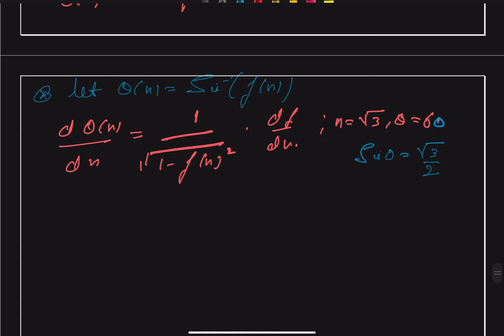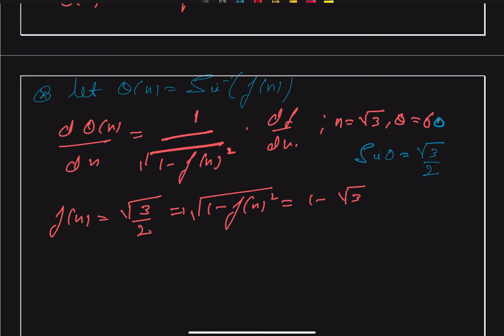So f of n will be equal to square root of 3 divided by 2, and 1 upon the square root of 1 minus f of n squared will be 1 upon the square root of 1 minus square root of 3 divided by 2 whole squared, which comes as equal to 1 by 2. Now we are going to calculate df by dn at n equal to square root of 3.